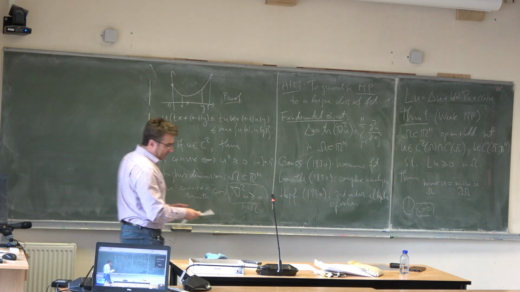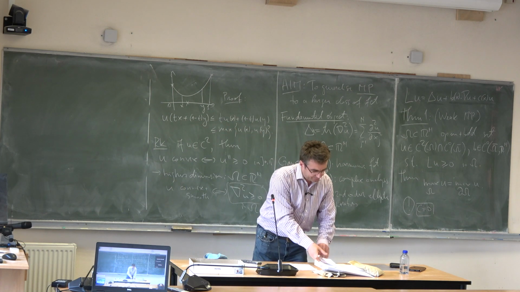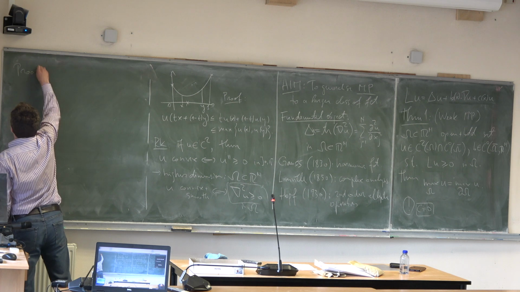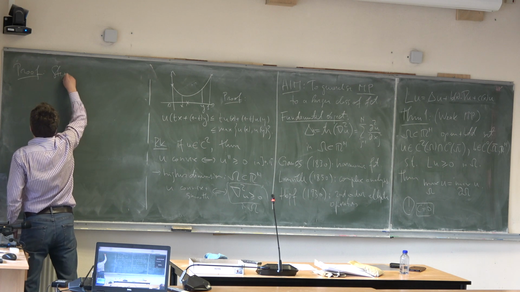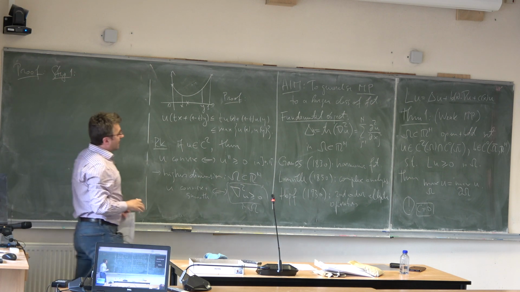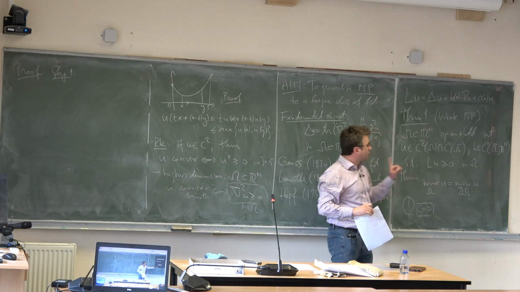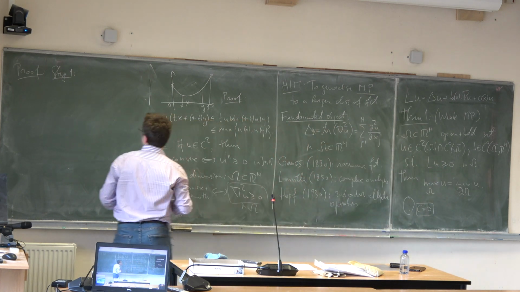So let's give the proof. The proof goes in 2 steps. In the first step, I assume more than that. I will assume that the inequality is strict at any point.